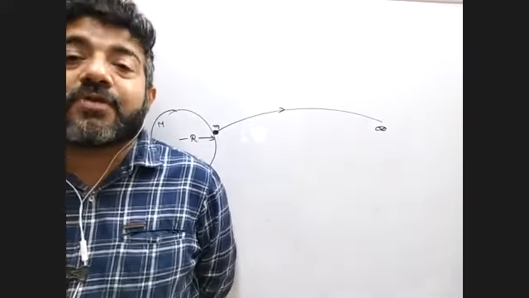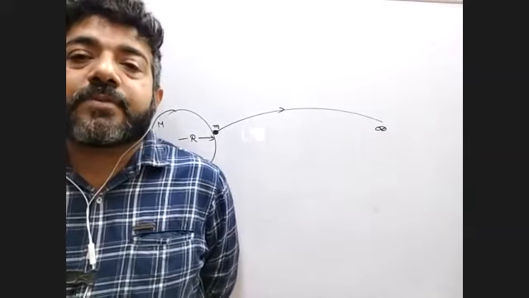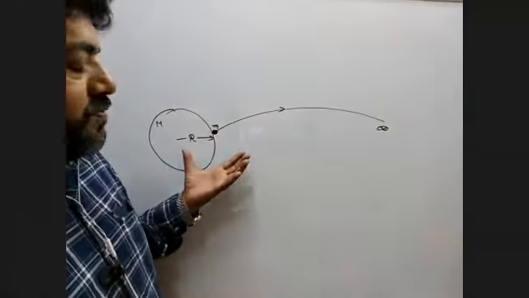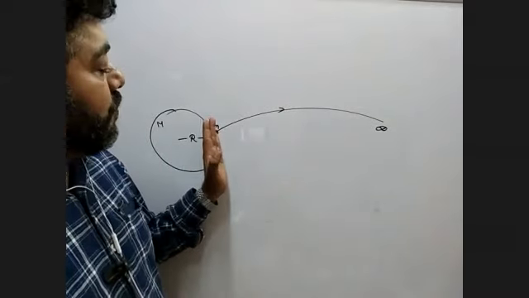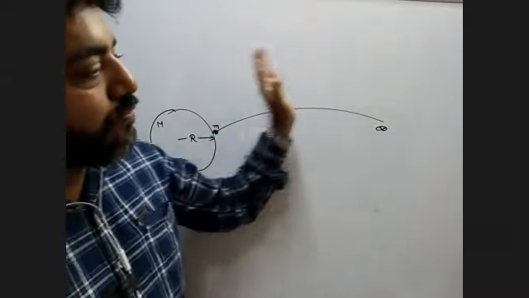But for Jupiter also, if you are on Jupiter and you want to throw anything from the Jupiter surface, and you expect that it never comes back to the Jupiter surface, then the same thing happens for Jupiter also. So basically what we have to do is, from this position we move it to infinity.